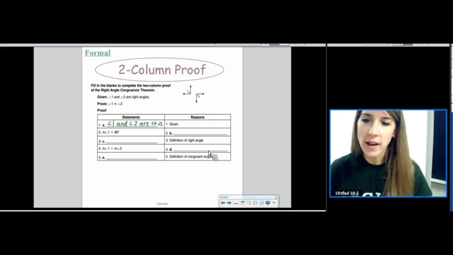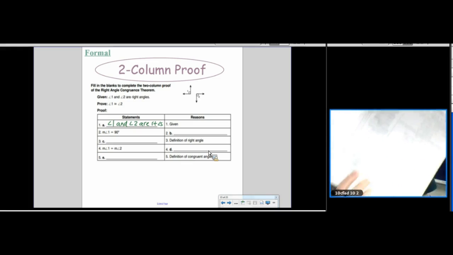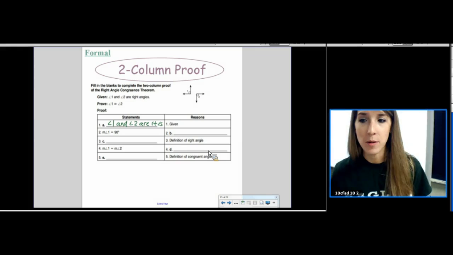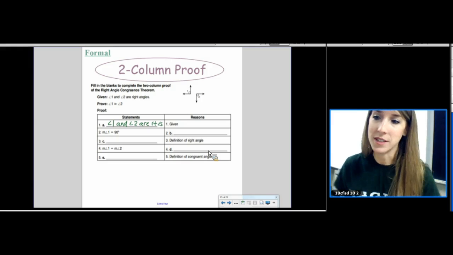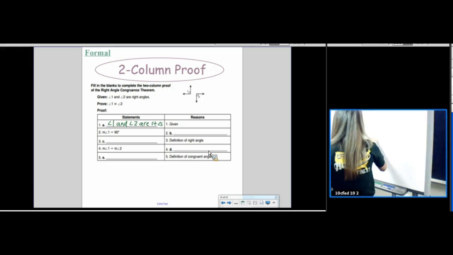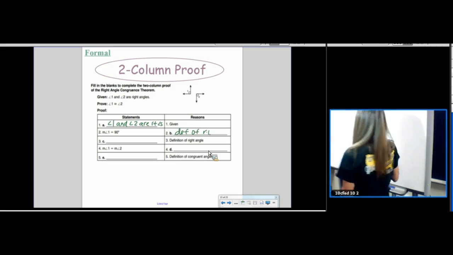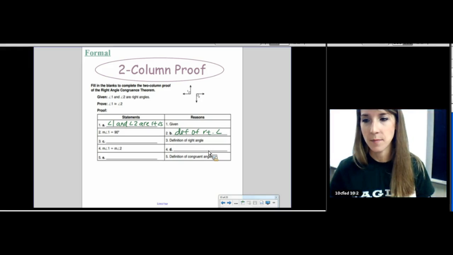The measure of angle 1 equals 90. Well, now I have to go to my list and decide what is going to back that up. I said that they're right angles. Now I'm saying that the angle equals 90. Well, that is a definition. By definition, a right angle is an angle whose measure is equal to 90.